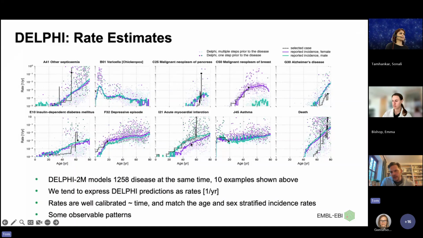And then finally, for heart conditions, you can see this characteristic increase in rates at around the age of 40 or so, with the known sex bias. So that's a really nice way to represent the information that's predicted within the model.